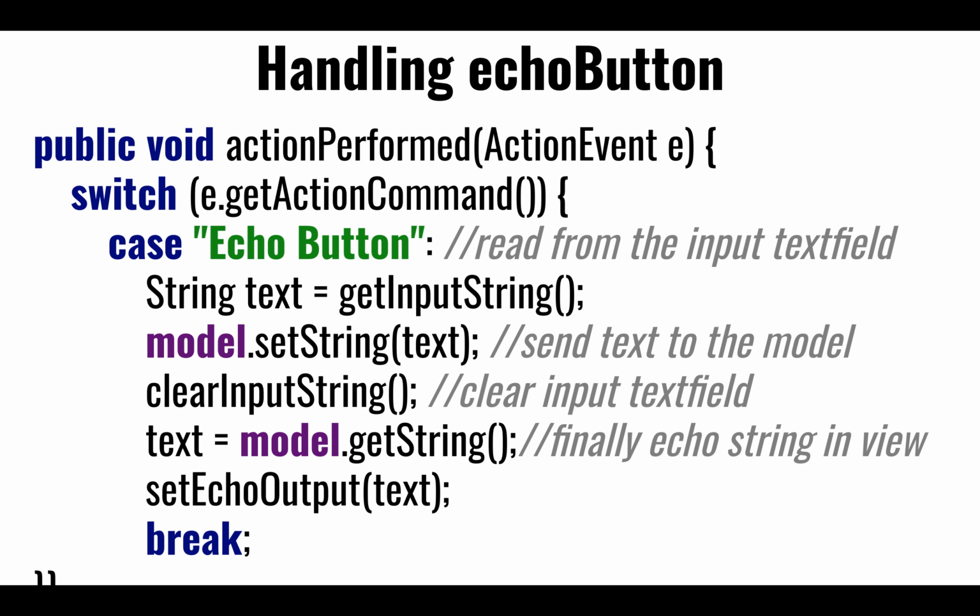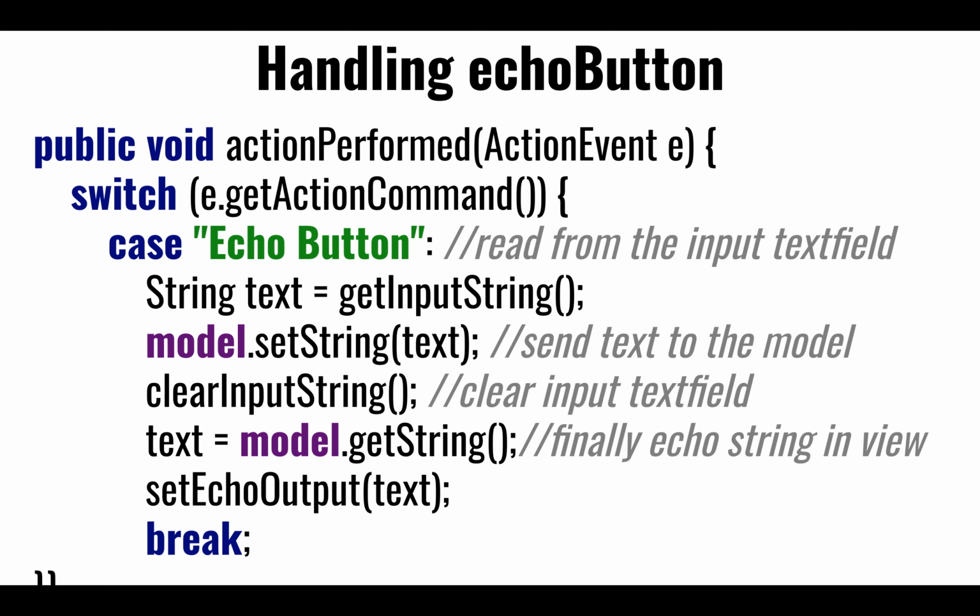This is the method that is declared on the action listener. And what it gets us as an argument is a generic action event. That action event could be either a click, a keyboard stroke, or a mouse movement. All of them would go through here.